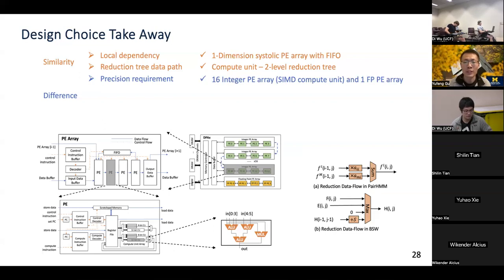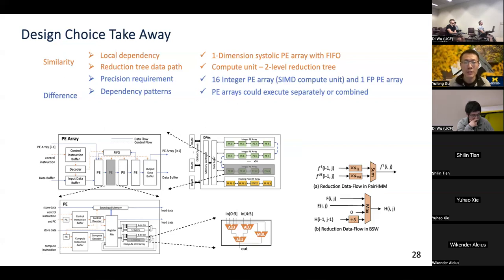We design both integer and floating point P arrays. And in the integer P array, we have the SIMD compute units to support either 8 or 32-bit compute units. And if we combine two compute units of 8 bits, it also supports 16 bits.